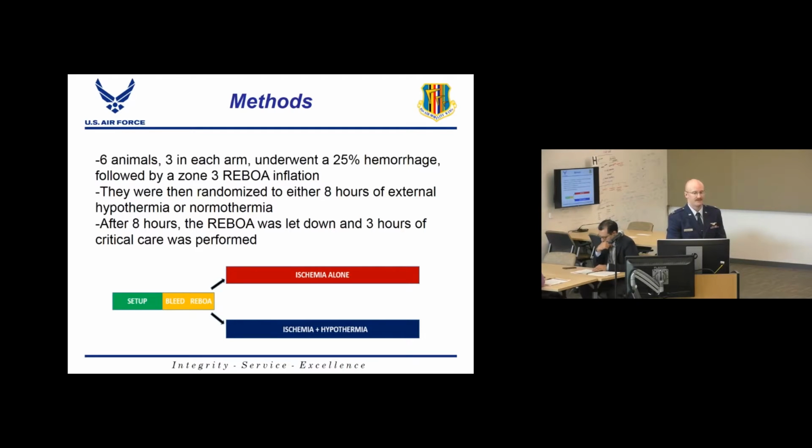We then randomized them to either 8 hours of external hypothermia using ice packs and cooling blankets, or normothermia. After those 8 hours, we took down the REBOA and 3 hours of critical care was performed using a standardized protocol.